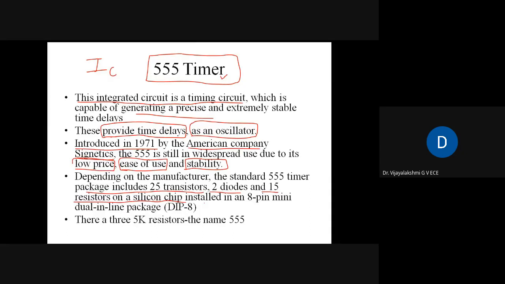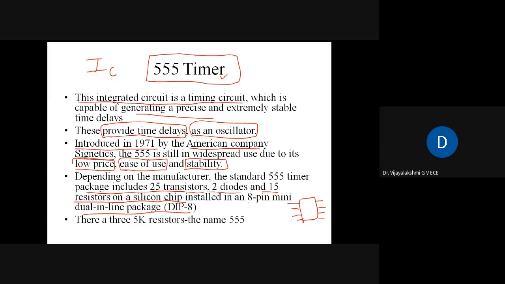The chip is available as a dual inline package, which means an IC with 2 lines with 4 pins on each side. I'll show you how this IC is available.